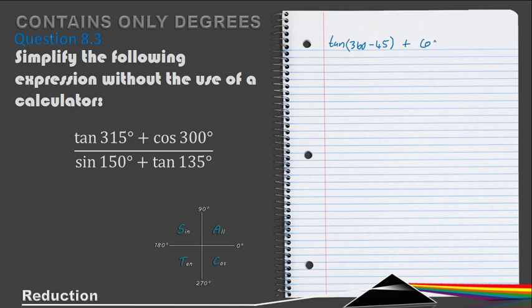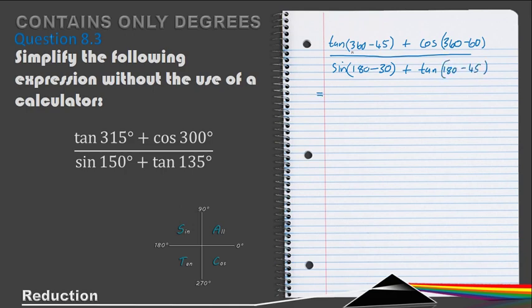So I can change that into cos 360 minus 60. And that's over sine 150. 150 lies in sine's quadrant, so 180 minus 30 gives me 150. So this is sine 180 minus 30 degrees plus tan 135, which is 180 minus 45. So this is tan 180 minus 45.